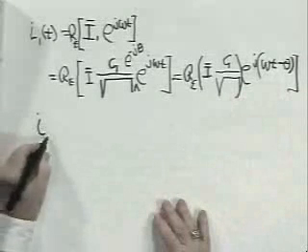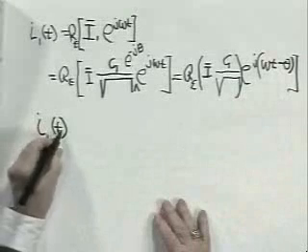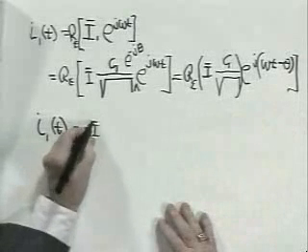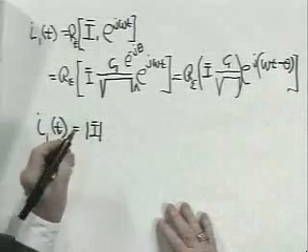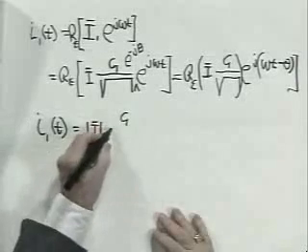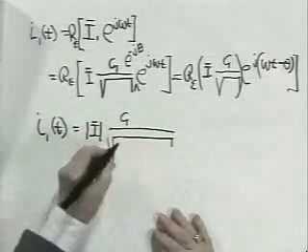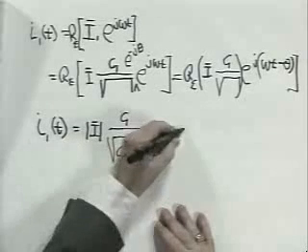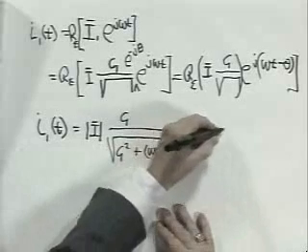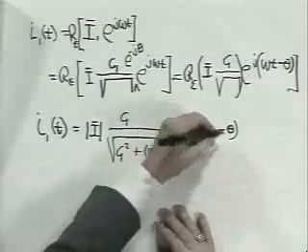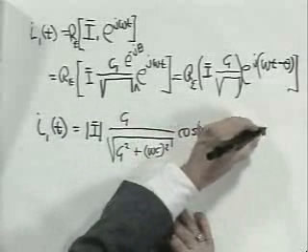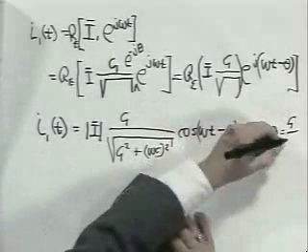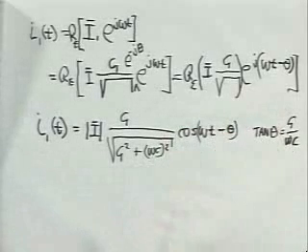So finally, I1 of t, the actual current that you could look at on a scope or measure, the real part of this function, is the magnitude of I, which is just a real number, times G divided by the radical, square root of G squared plus omega C squared, cosine of omega t minus theta, where the tangent of theta equals G divided by omega C. Did I get that right?